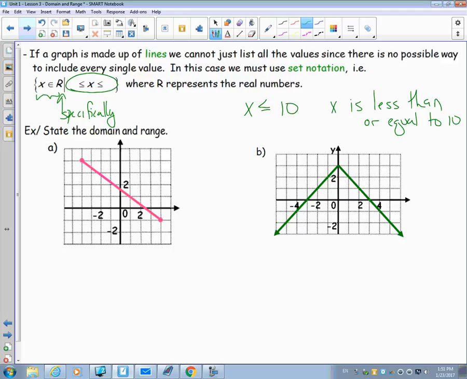As opposed to this one. That would mean x is greater than, actually let's make it even more fun, x is greater than 5. No equal sign, so not equal to. It's got to be greater than.